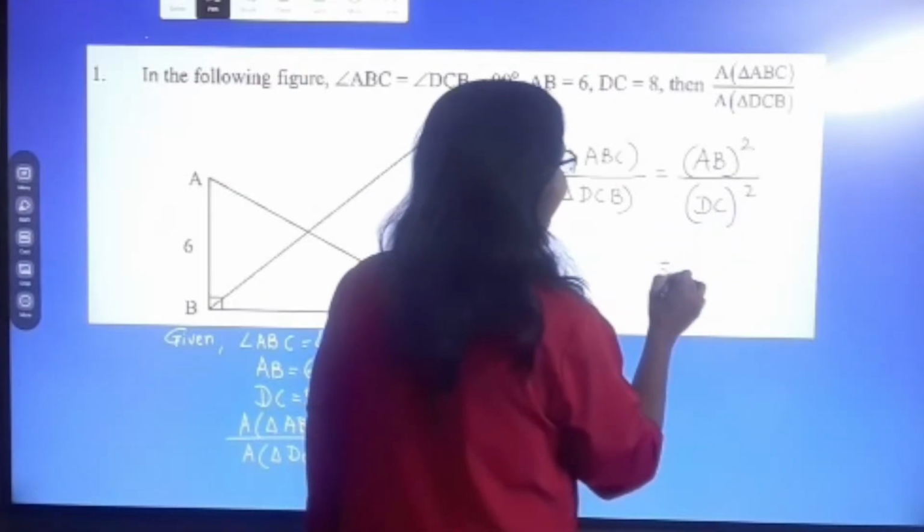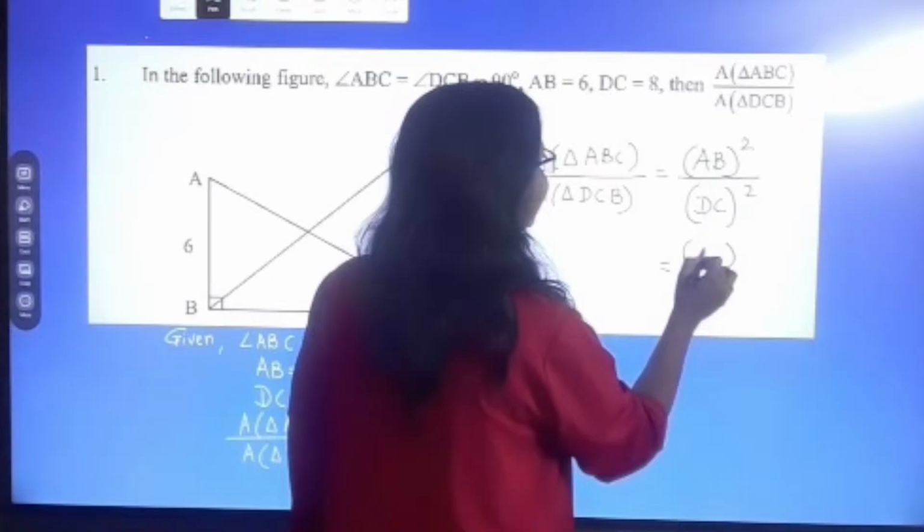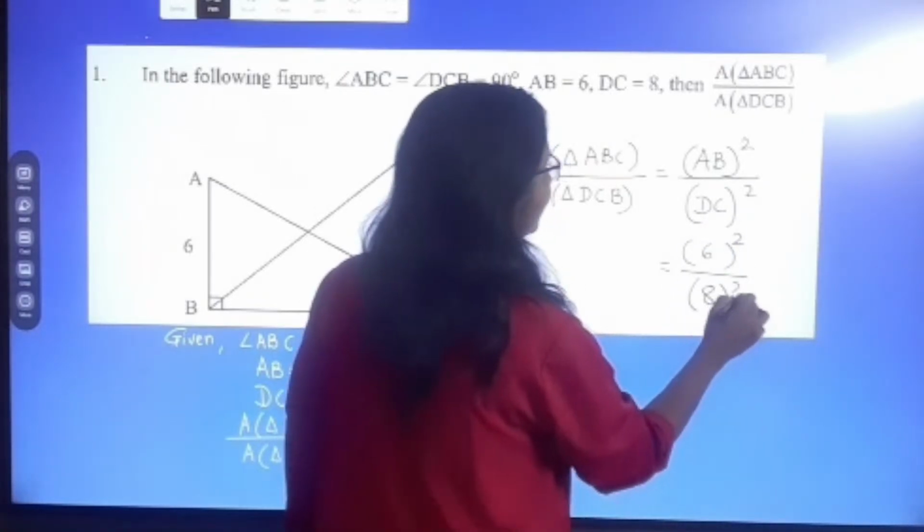Okay students, and here the given is that AB is 6 and DC is 8, so square of 6 upon square of 8.